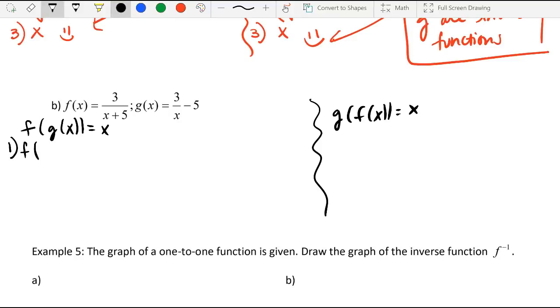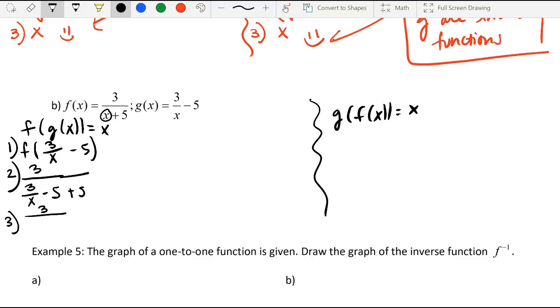Step 1, f of g of x is 3 divided by x minus 5. Step number 2, I now have to write 3 over, I see an x, so that gets me to write 3 over x minus 5 plus 5. Step number 3, we're going to try to simplify, so these two will cancel.